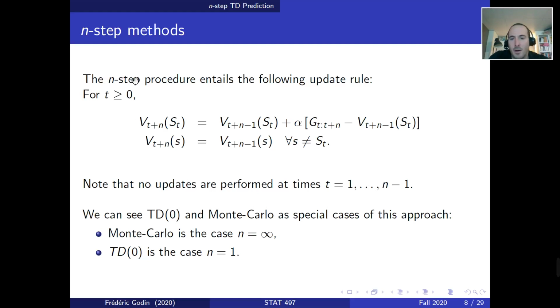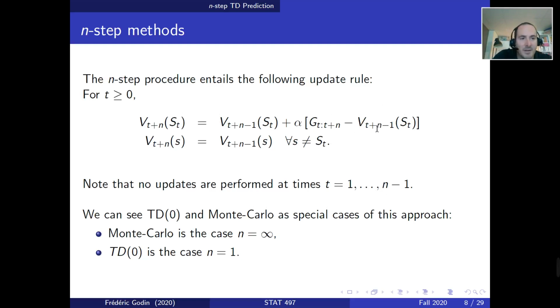Okay, so for of course time steps greater or equal to 0, we'll start with the second equality here. So for all states not visited at time t, that is different from s_t, the update does not change the current estimate of the value function. But when we're visiting state s_t at time t, the estimate for that state is the previous estimate plus the learning rate times the target minus the current estimate.